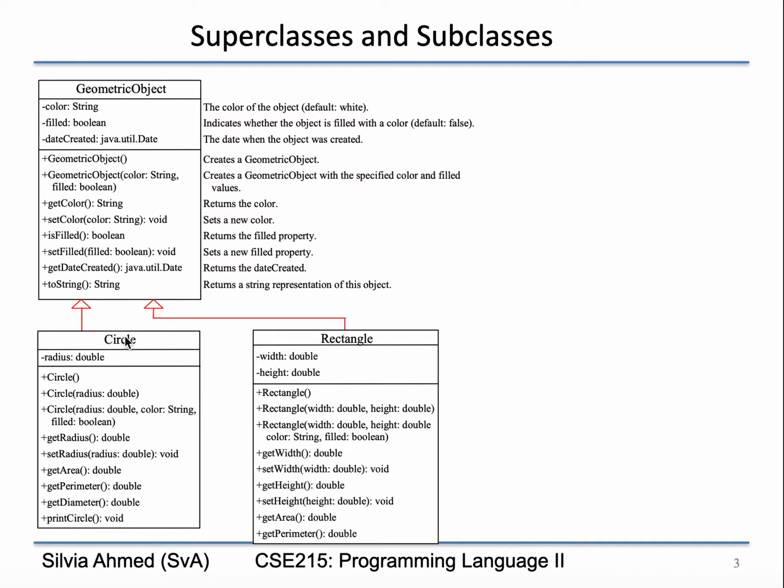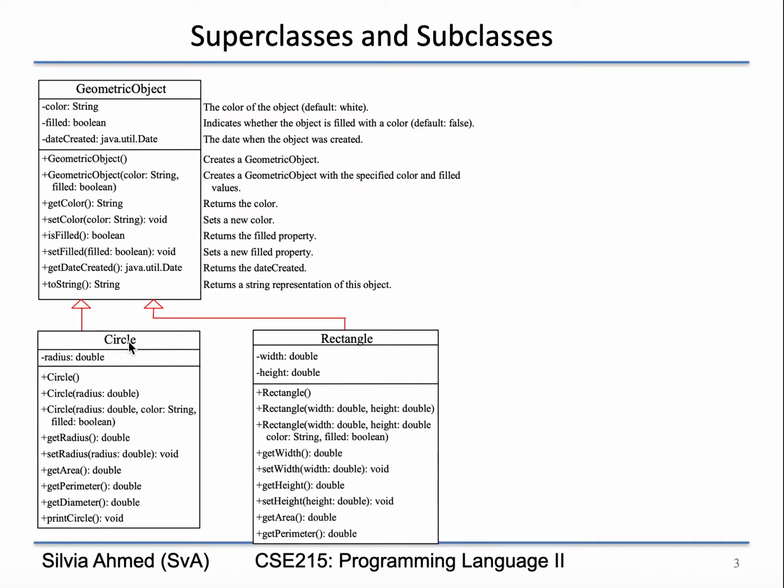What we can do is relate our circle class and the geometric object class. Since this is a relationship, we want to connect circle and geometric object, but this connection has a direction. So circle now extends geometric object. When we use the word extends, it means there is already something and we are adding something more.